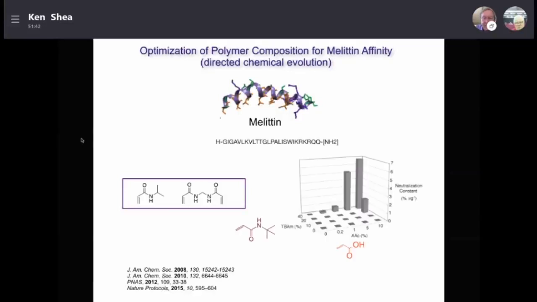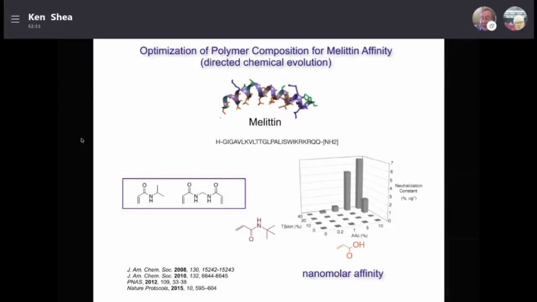And I'll just illustrate that with the example that I discussed previously, melittin. Here, at the lower right, we're looking at the performance of a collection of nanoparticles where we systematically vary the percentage of the two functional monomers shown on the X and Y axes. The neutralization is the ability of that particular nanoparticle to capture, sequester, and neutralize melittin. And you can see that the performance is very sensitive to the relative amounts of these two functional monomers shown on the Y and X axes.